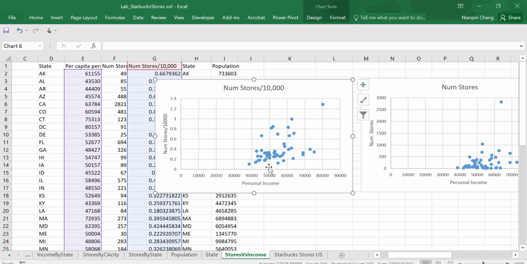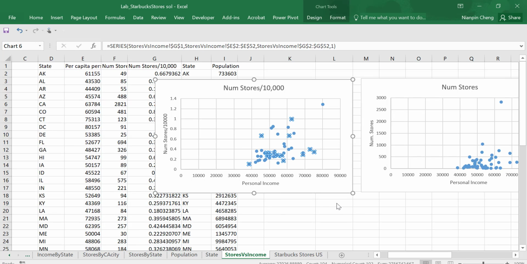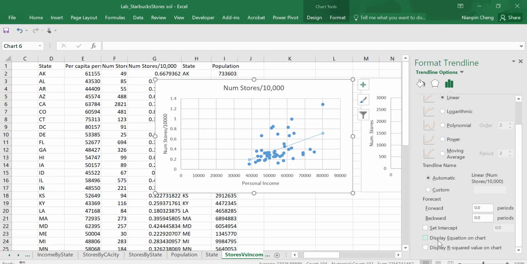So if there is a linear relationship, it still looks quite weak because it's really not clustered along a straight line. But if we like to add a trend line, you right click, add trend line. It allows you to add, say, linear or exponential, or log or polynomial. So first we add the linear one, and then we display the equation.